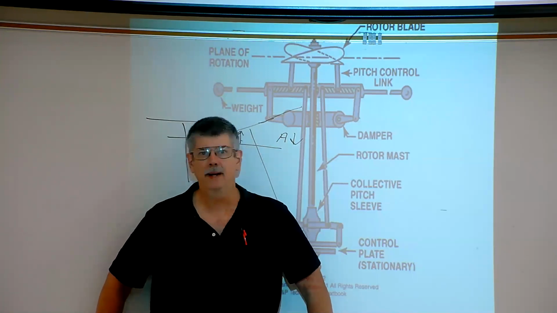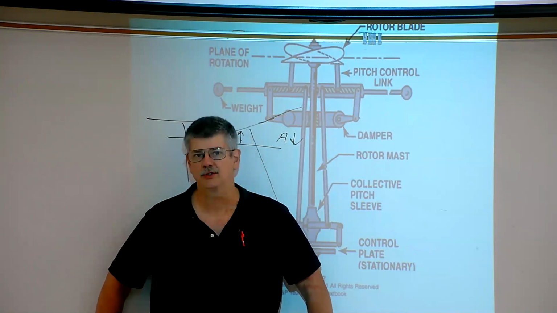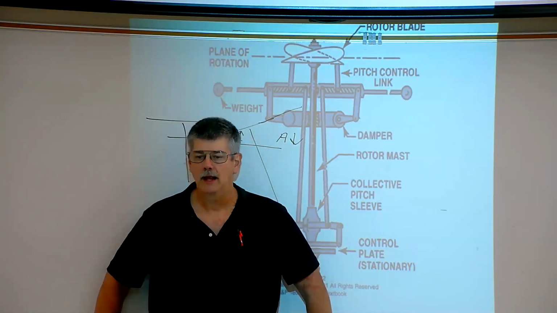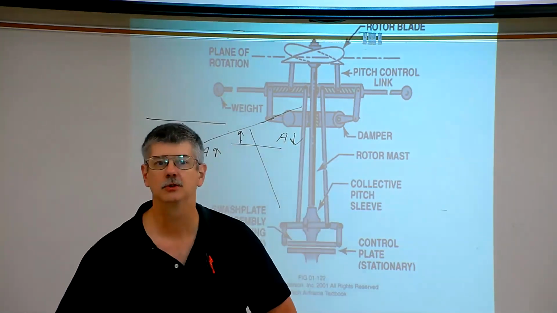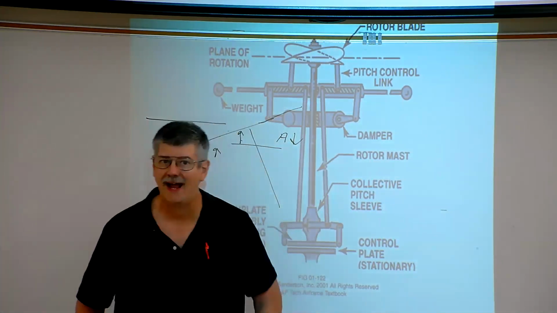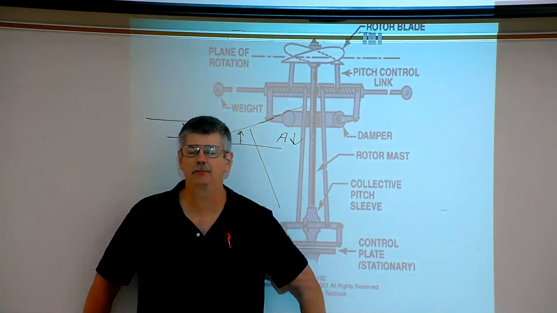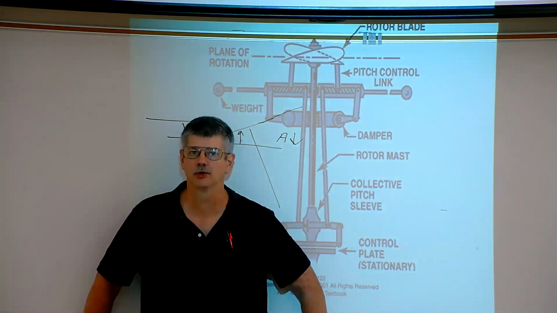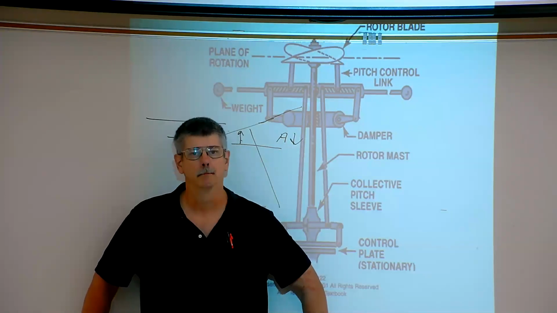Well, many times a pilot will feel vibrations, okay? If the vibration is a high frequency, this usually indicates that something spinning very fast is the problem. So a high frequency vibration is usually going to be associated with the tail rotor because the tail rotor spins much faster than the main rotor.